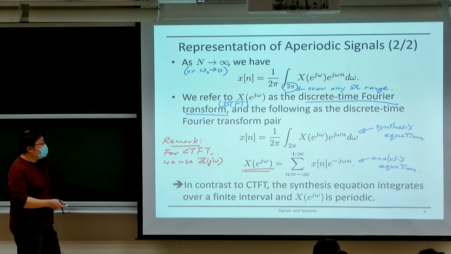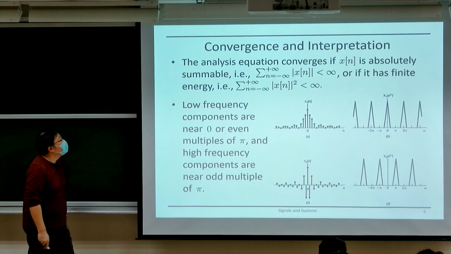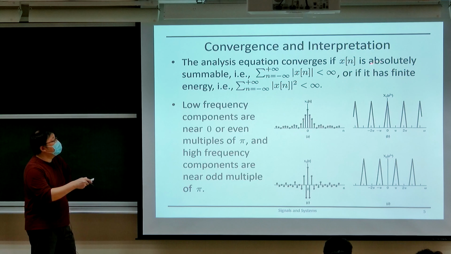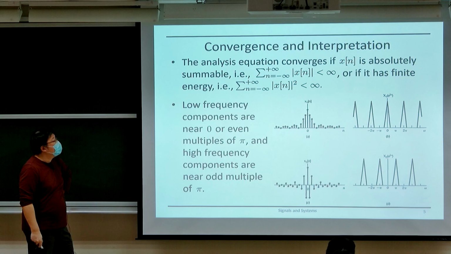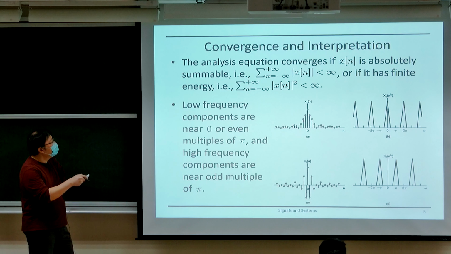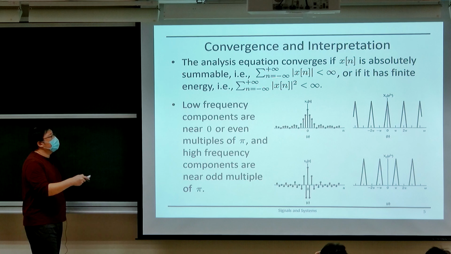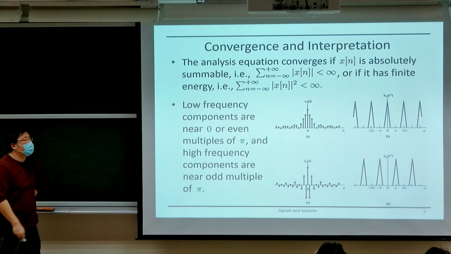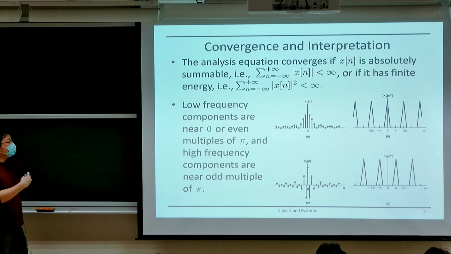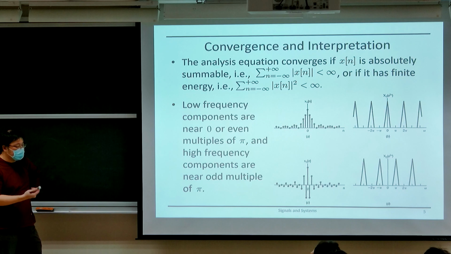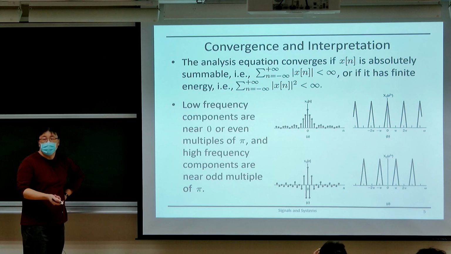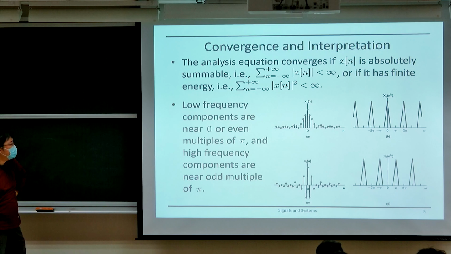For this to hold, you basically need the signal x of n to be absolutely summable, or to have a finite energy. Either one of these two conditions is sufficient for the existence of its Fourier transform.